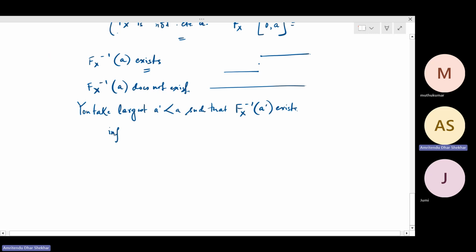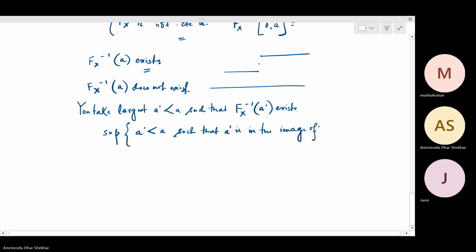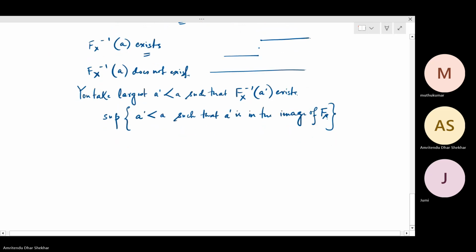You consider this set: infimum, not infimum actually, supremum of a prime less than a, such that a prime is in the image of F_X.